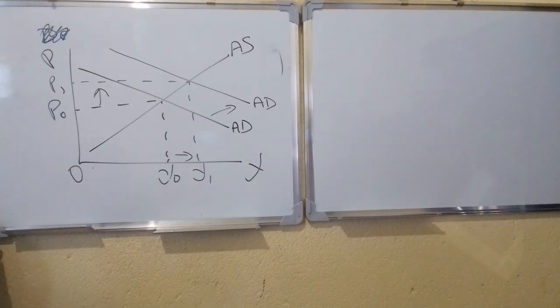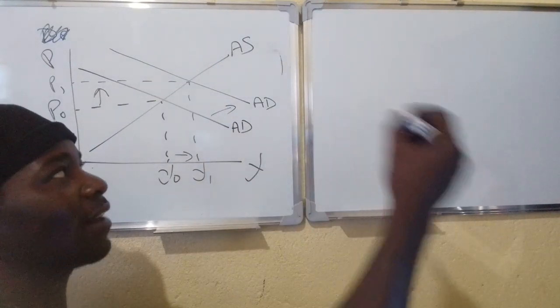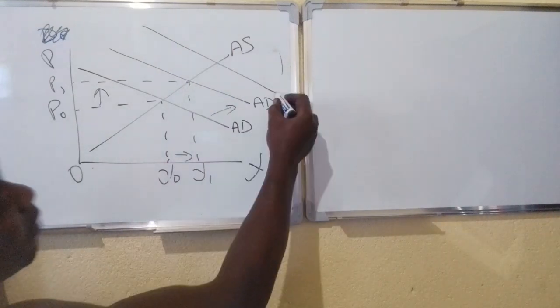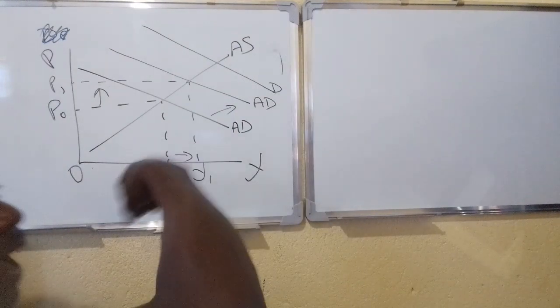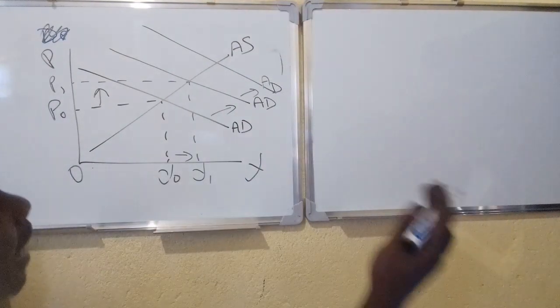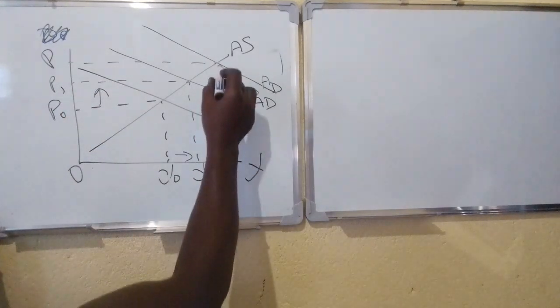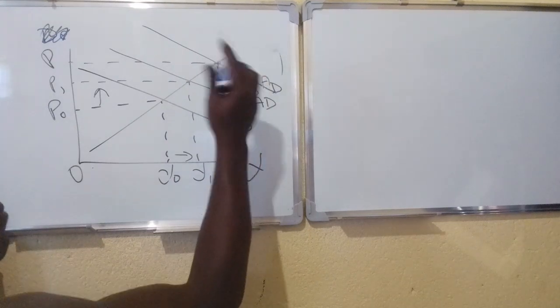Now, remember we said inflation is the general increase in price levels over a period of time. So these prices keep on increasing. The AD curve, there's high demand for goods and services. It keeps on shifting to the right. Can you see the prices keep on increasing to higher levels?